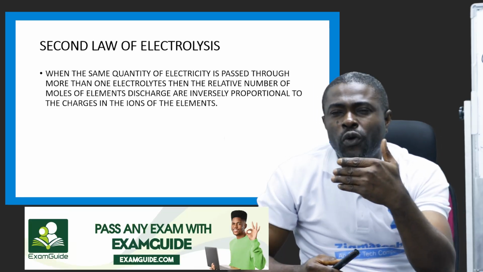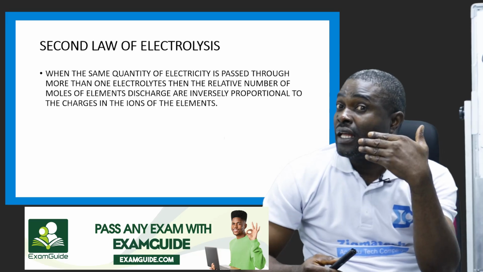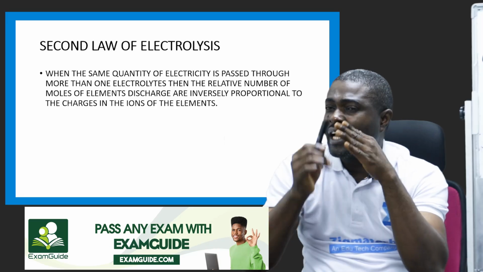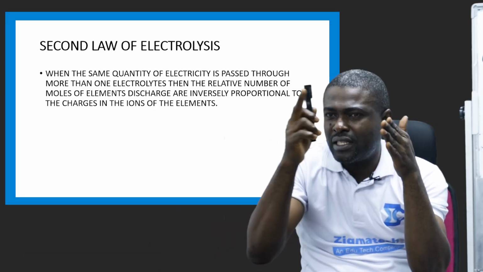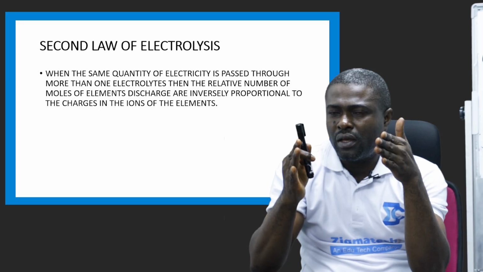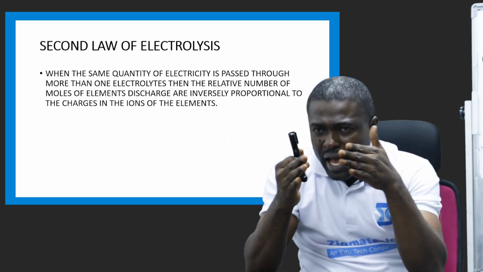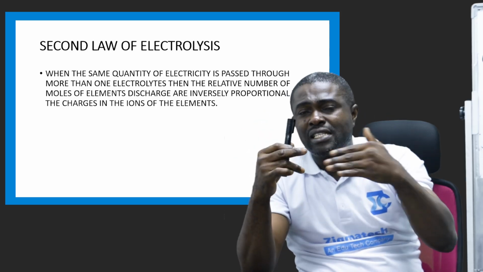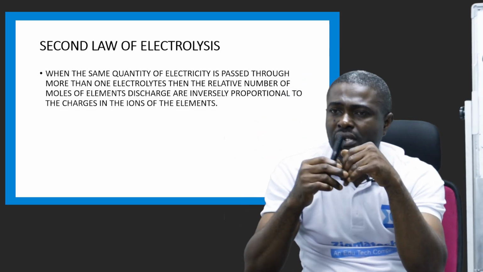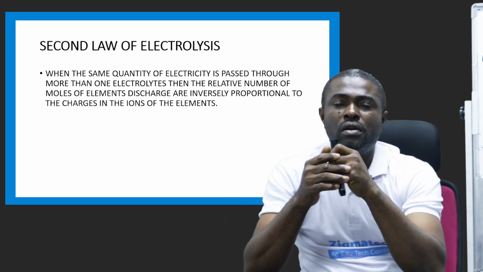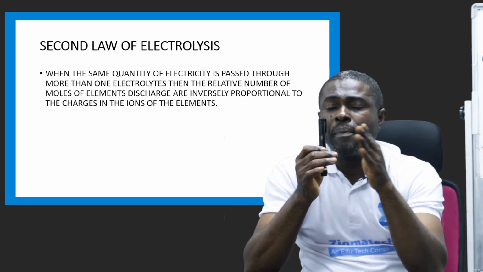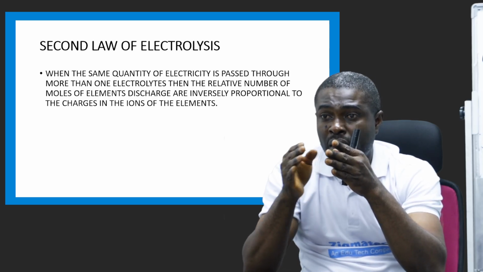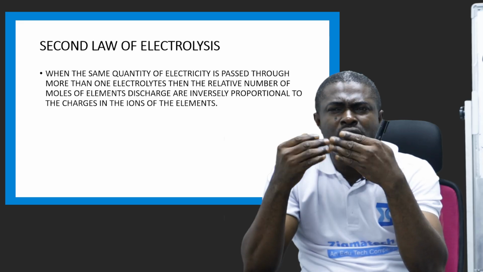So, what did he observe? He said, the moment current starts passing through, as long as the 2 electrolytic cells are connected with something called a salt bridge, or a rod or whatever, as long as there is a link between the first cell and the second one, by the time current starts passing through, the same quantity of electricity will pass across. But he further noticed something.